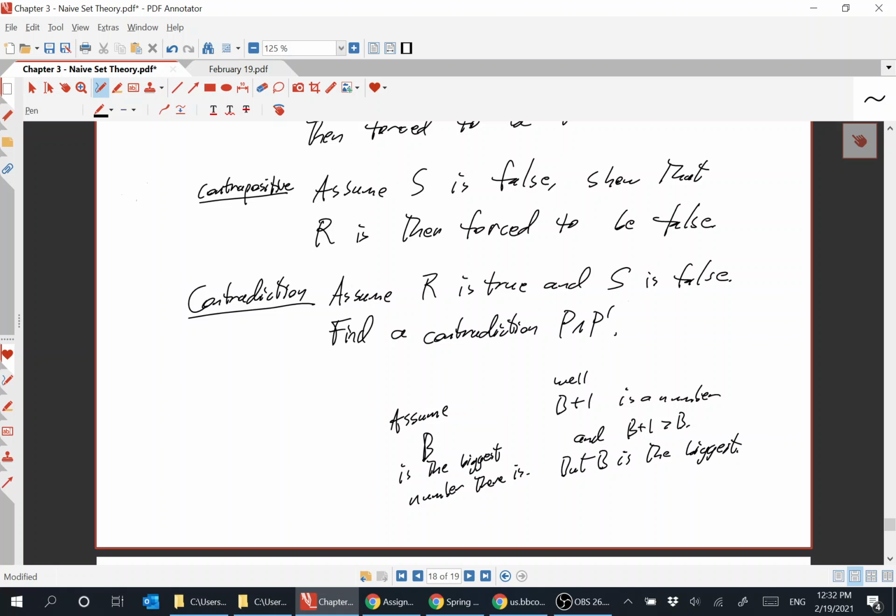B is the biggest, however, B is not the biggest. So B plus 1 is bigger than B, so B is not the biggest. The contradiction is B is the biggest and B is not the biggest. Well, it can't be. So your initial assumption must be false.